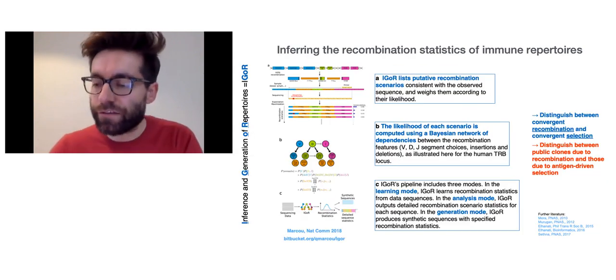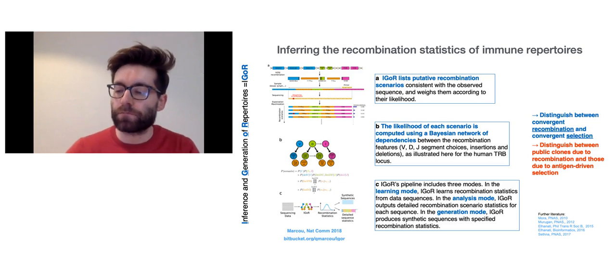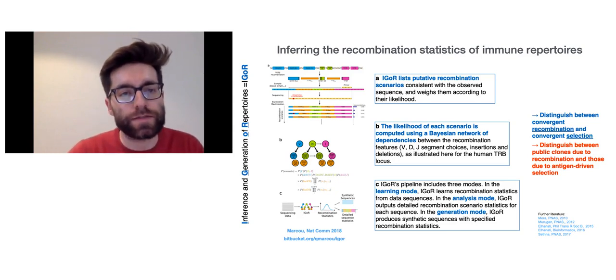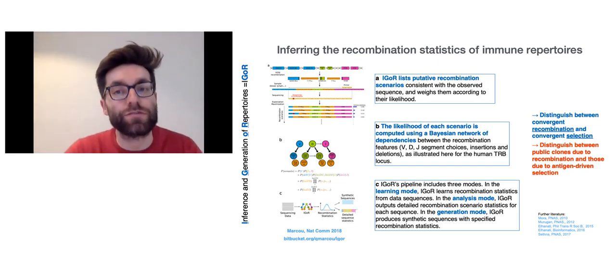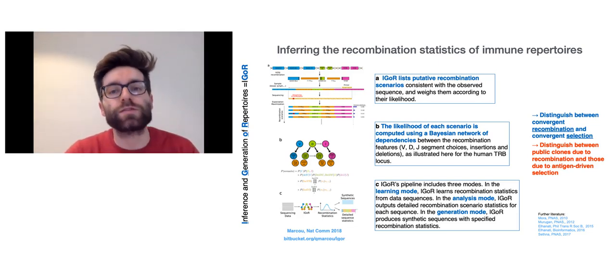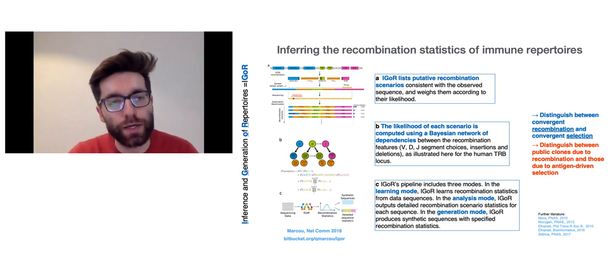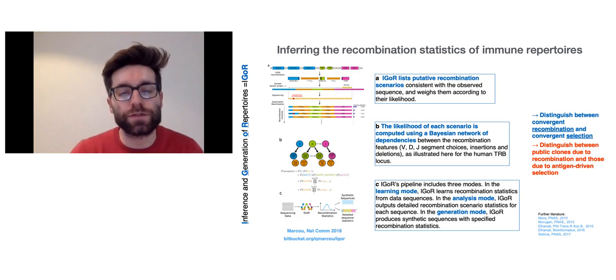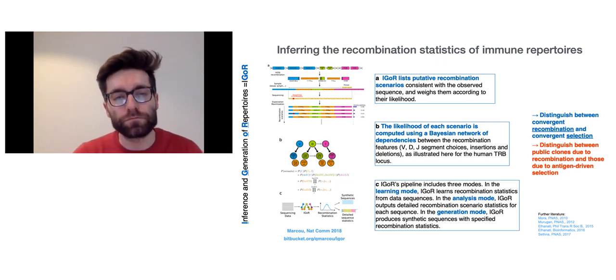One defining concept in immune receptor repertoires is the concept of generation probability. So what is generation probability? We all know that if you look at your sequencing data, different V genes are used at different frequencies.